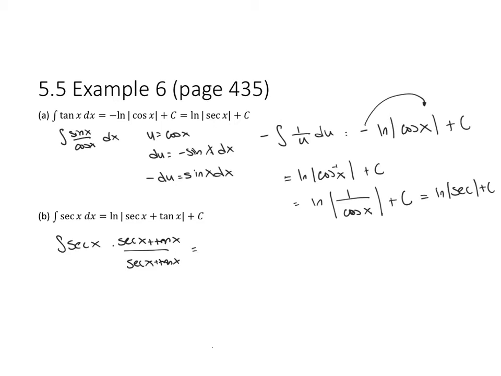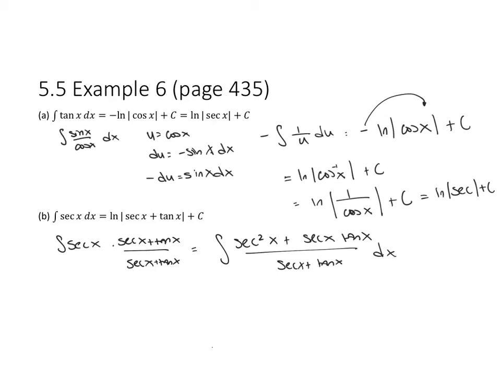So let's multiply this out and we get the integral of secant squared x plus secant x tan x over secant x plus tan x.